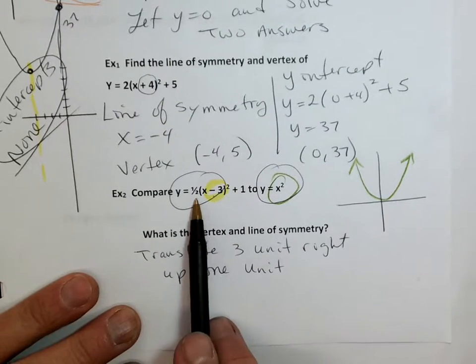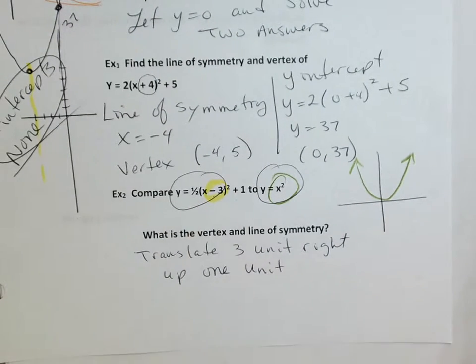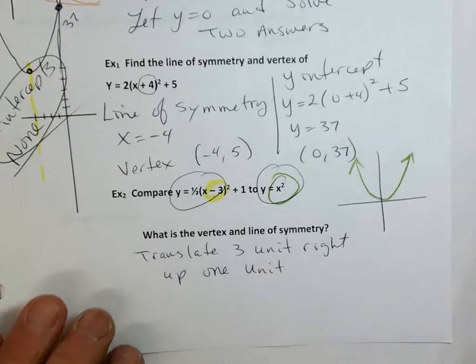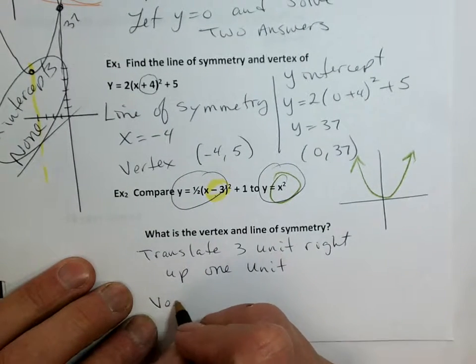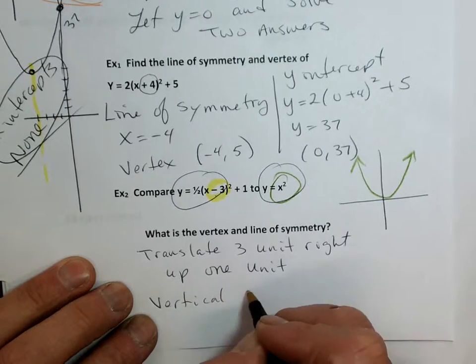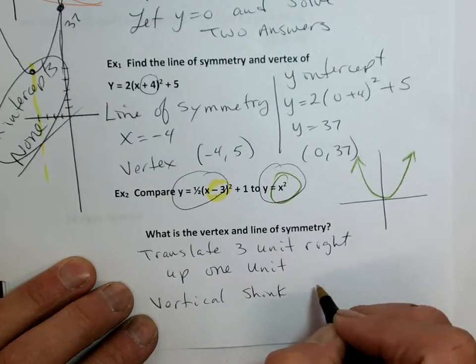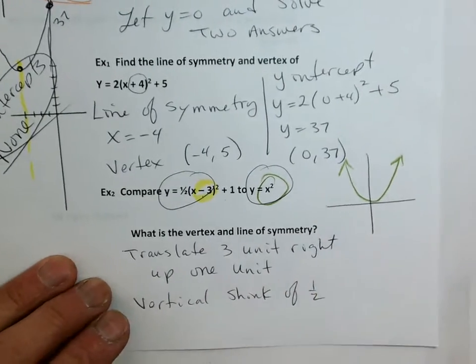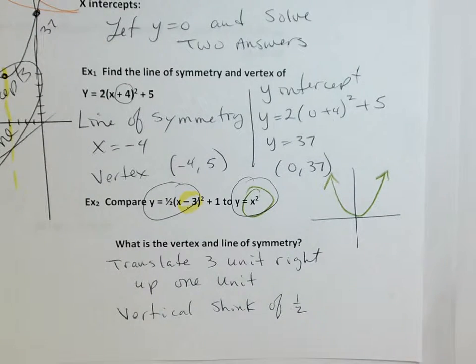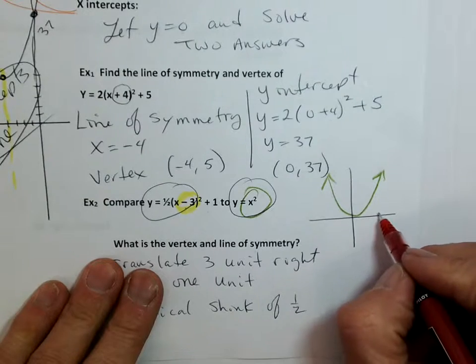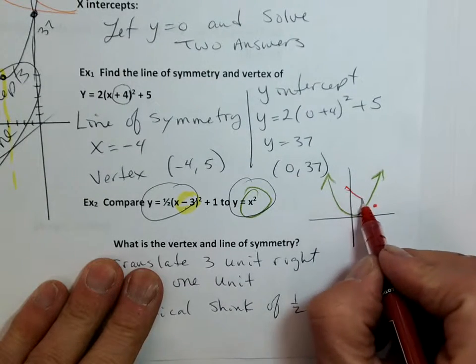Good. Now, what about the 1/2? It's a shrink. So we also know it's a vertical shrink of 1/2. So my translated graph is going to be about here, but half as wide.